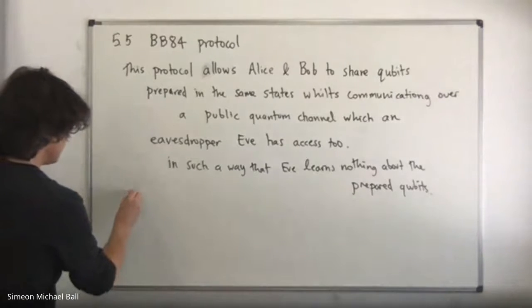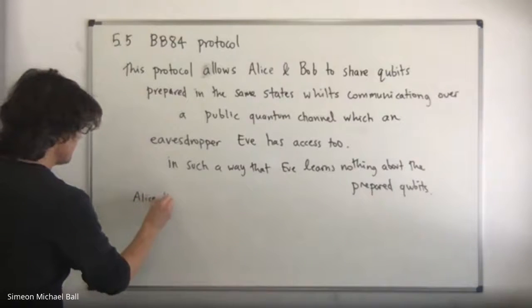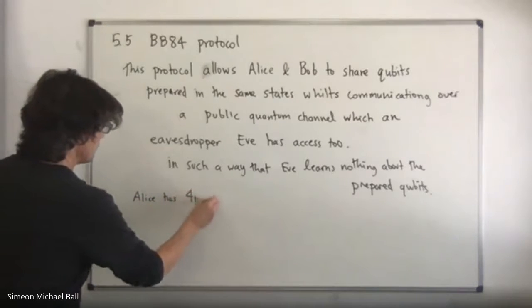And the protocol starts like this. So Alice has, let's say, 4n qubits.